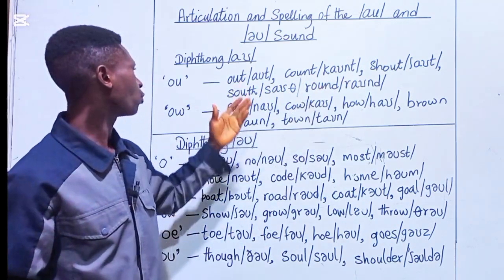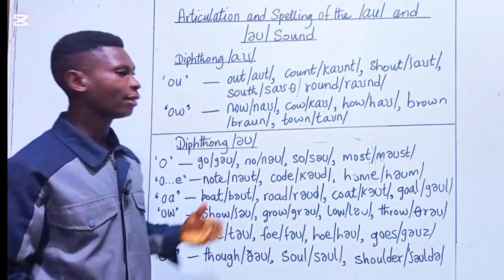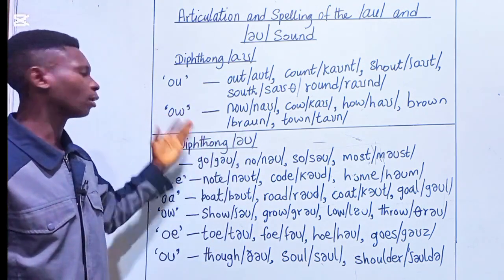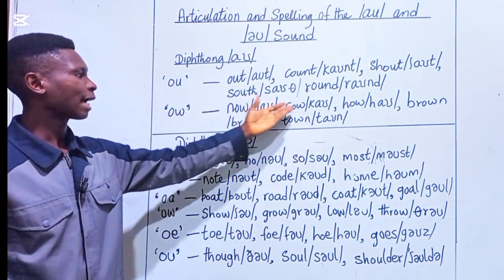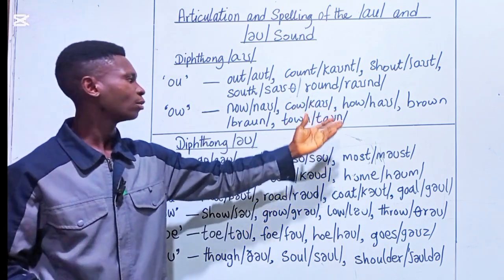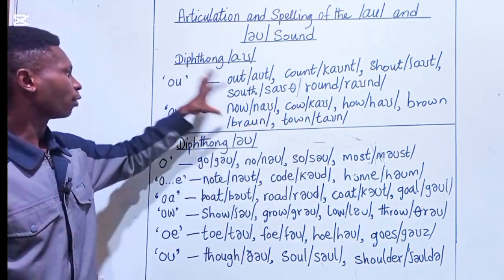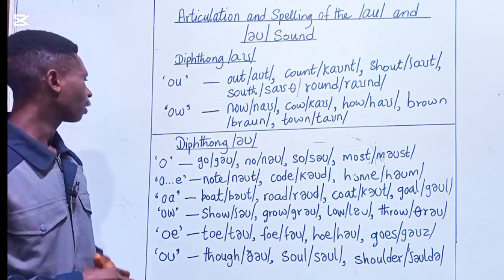So in place of OU, we have the /aʊ/ sound. Again, another grapheme for the /aʊ/ sound is OW, in words like now, how, brown, and town. So these are the obvious spellings of the /aʊ/ sound.